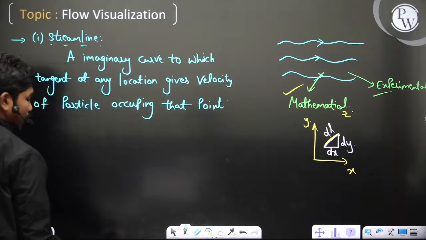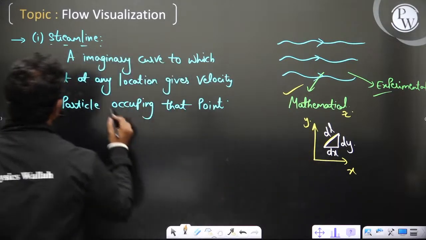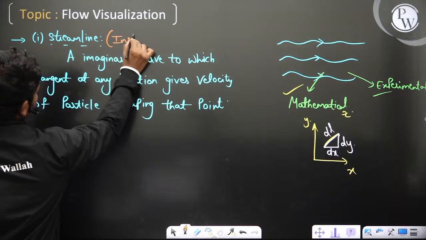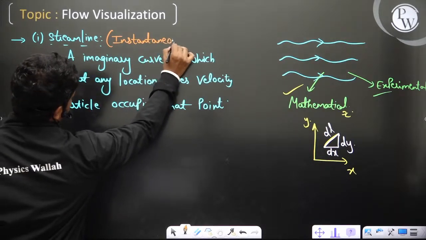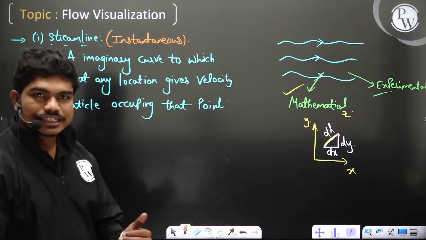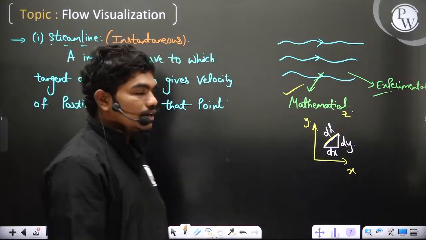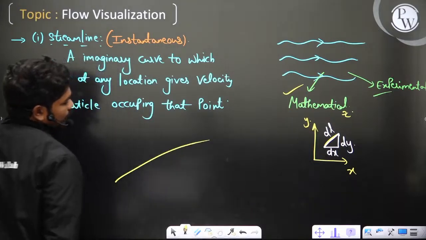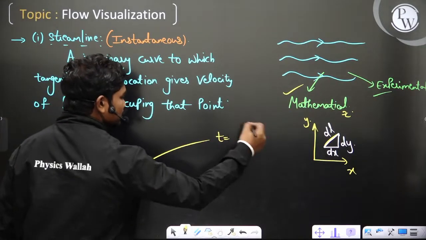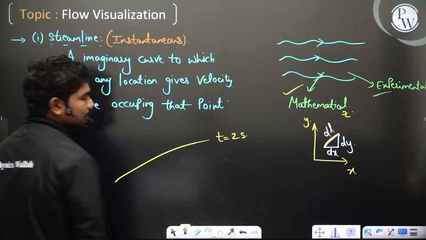And clearly you can see a streamline is instantaneous, which means whatever curve you generated is valid only at one particular time. So let us suppose this is the streamline. At some time t equal to 5 seconds or 2 seconds, we have seen a streamline.